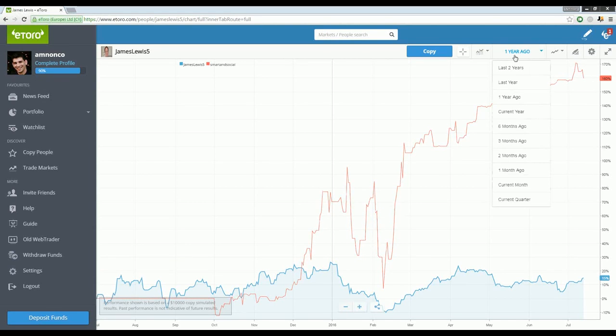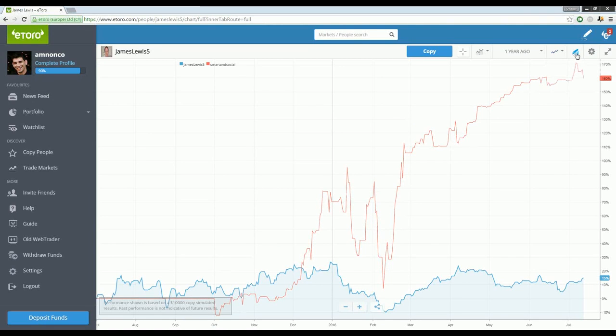That also might indicate differences in his risk score, because you see here he had major drawdowns from like 80 to 20. That's quite a drawdown, whereas James Lewis is a bit less volatile.